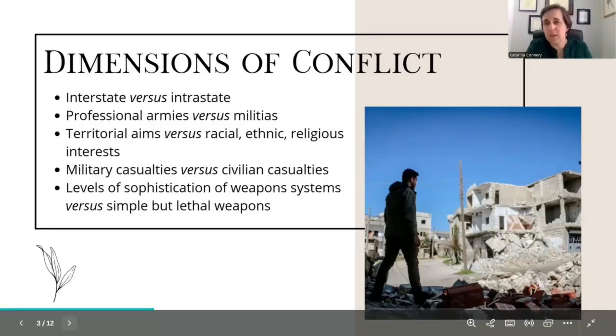And you can also see militias fighting against each other, as well as against the central governing groups.